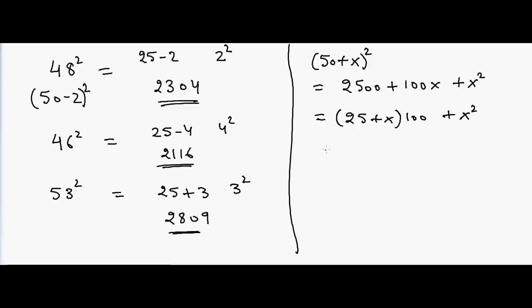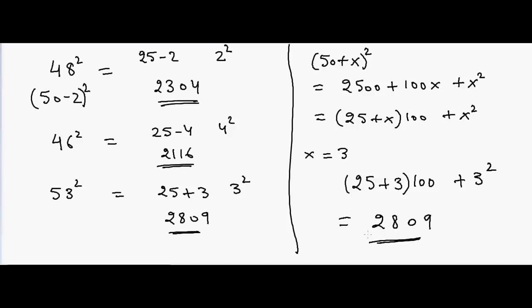So now as you can see, if x is equal to 3, then what I'm doing is adding 25 plus 3, right, and then adding 3 square, so the answer is equal to 2809. So this is how this trick works. It's based on a plus b whole square. I hope this trick helps. I'll see you in the next trick. Thanks.